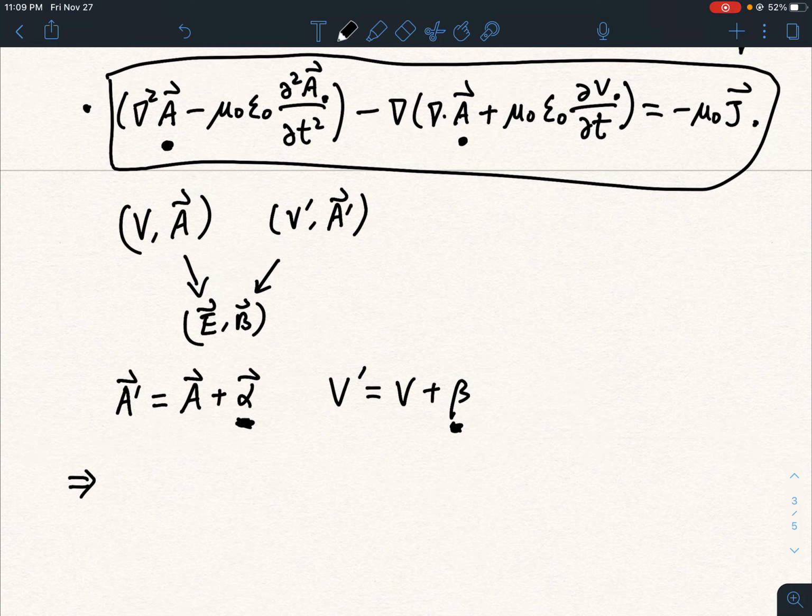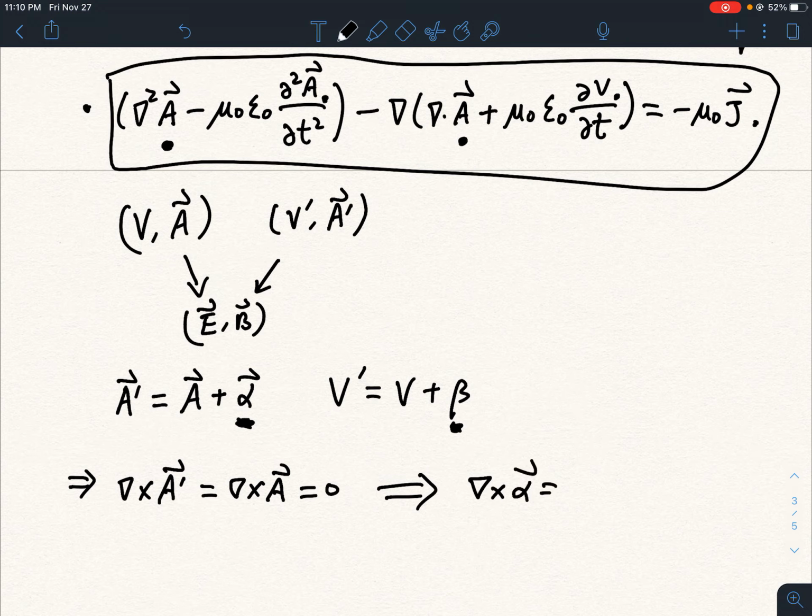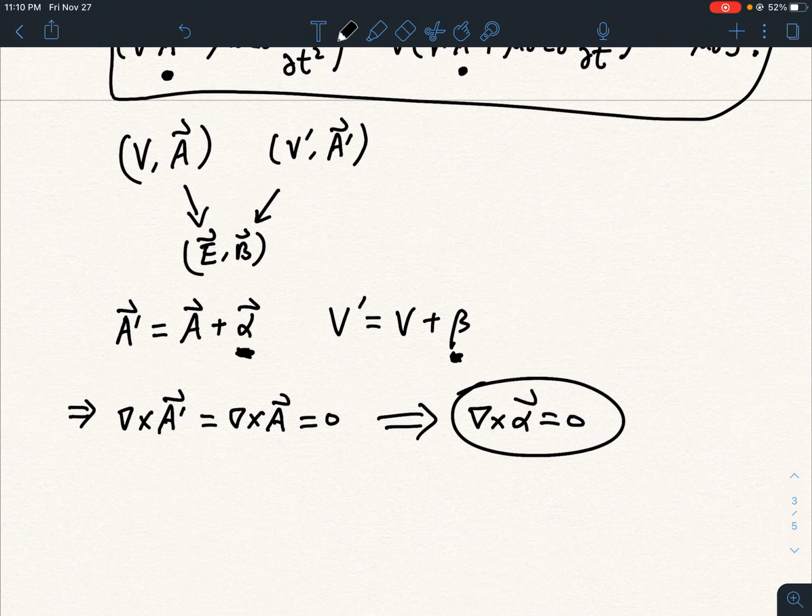As we said, it should give us the same fields. That means del cross A prime should equal del cross A. These are Maxwell's equations, which should give us 0. So from here we derive del cross this alpha. We cannot randomly choose any alpha. It has to satisfy this condition.